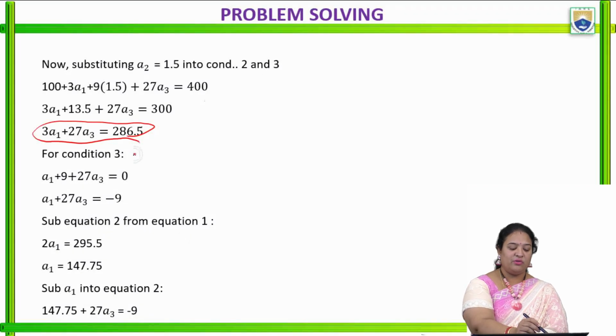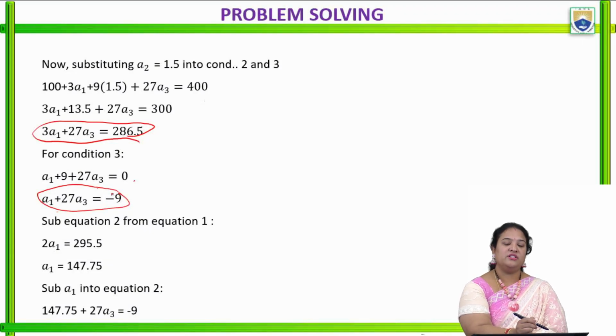Now from condition 3, a1 plus 9 plus 27a3 is equal to 0, where equating, a1 is equal to 27a3 minus 9. This is the equation we get for condition 3.